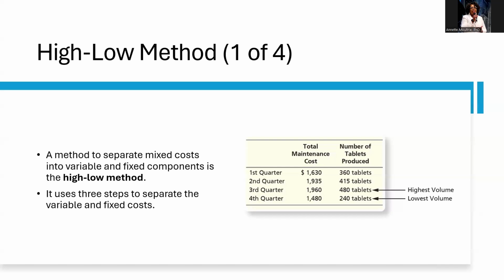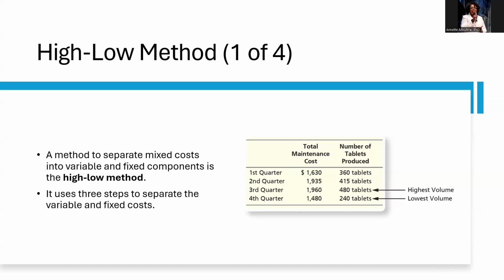The high-low method follows 3 steps to estimate fixed and variable maintenance costs for the company, okay? The table below shows the total maintenance cost and number of tablets produced each quarter. First quarter, you see the total maintenance cost was $1,630. The second quarter is $1,935.